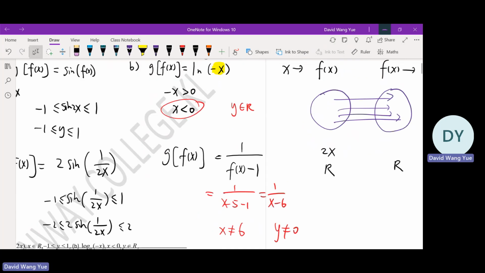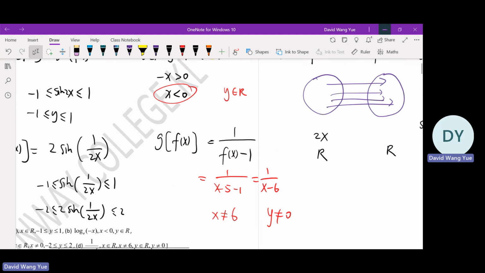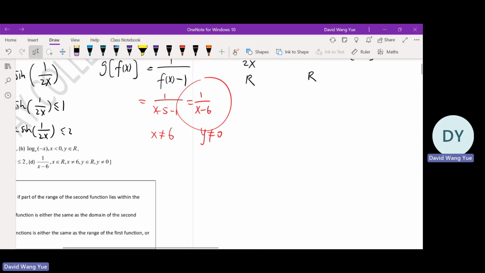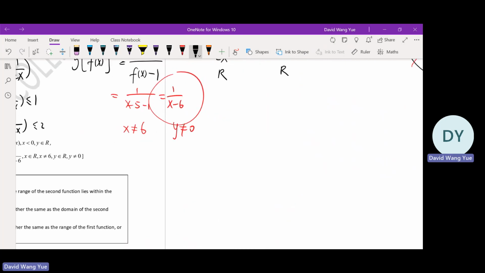So for this one you may wonder, how do I know that this 1 over x minus 6 cannot be 0? This is due to the nature of the rational function. When x minus 6 is less than 0, the function will be less than 0. When x minus 6 is more than 0, the function will be more than 0. So it can be any negative or positive value.